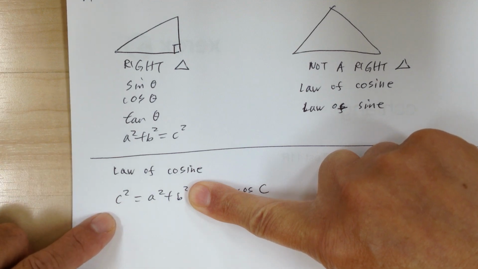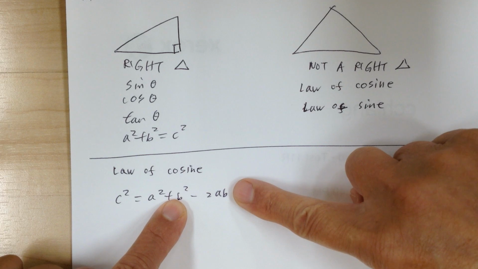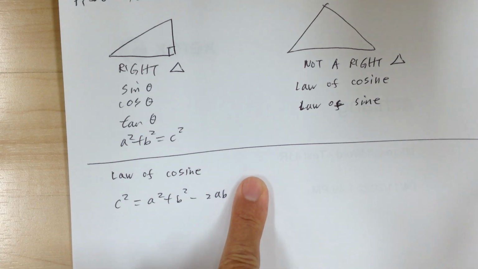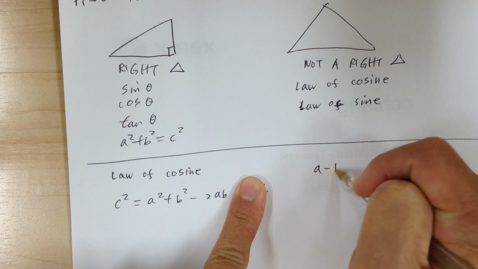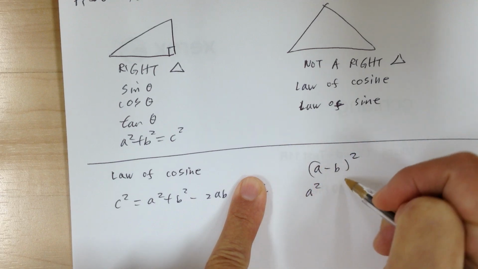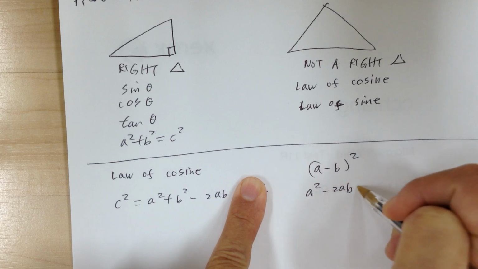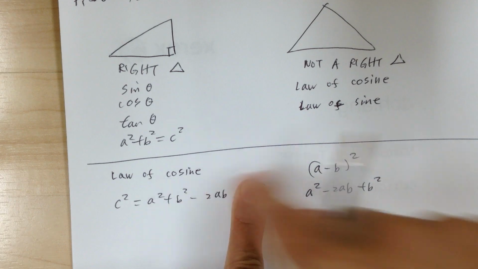The way to memorize this is to start with the Pythagorean theorem and look at this part over here, your perfect square. If you have a minus b squared and you square that, you're going to get a squared minus 2ab plus b squared.